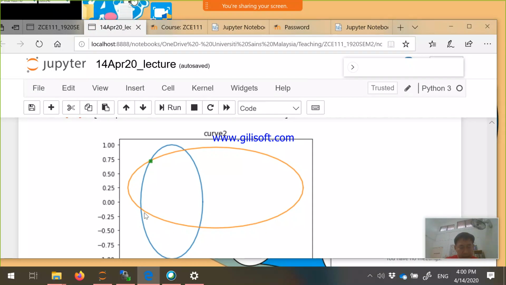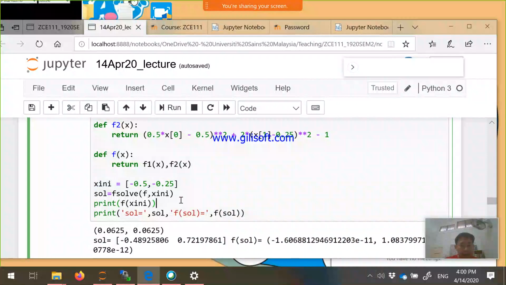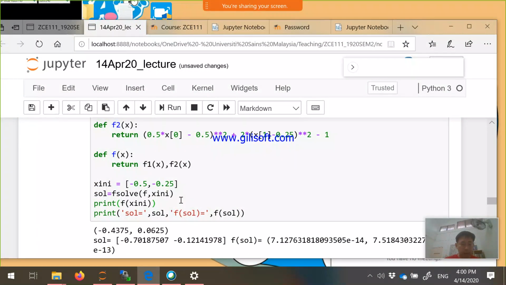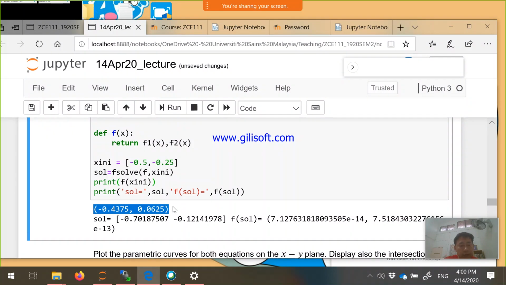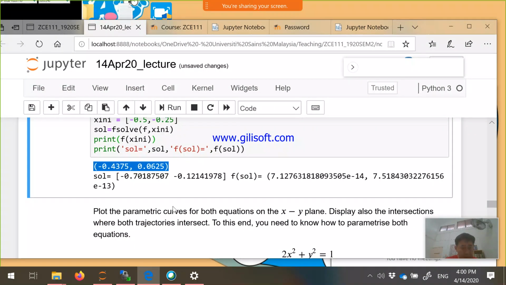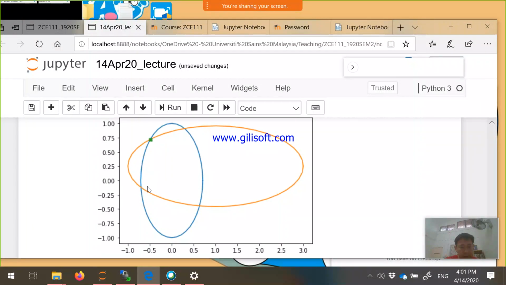So what is the exact coordinate of this? The answer could be obtained by just executing this. So this is the solution, minus 0.43 and 0.06. I suppose this is then the coordinate for this point. This coordinate is between minus 0.25 and 0.0.